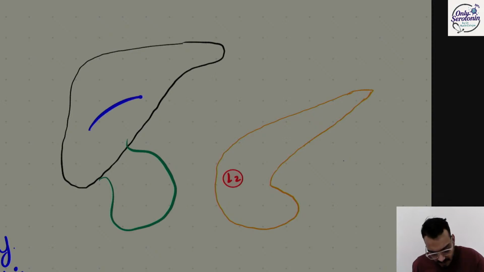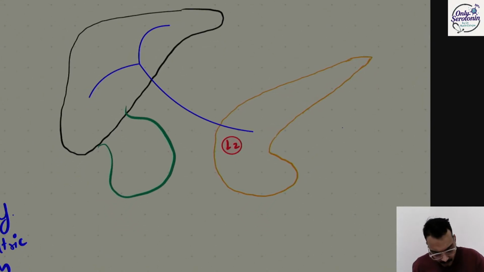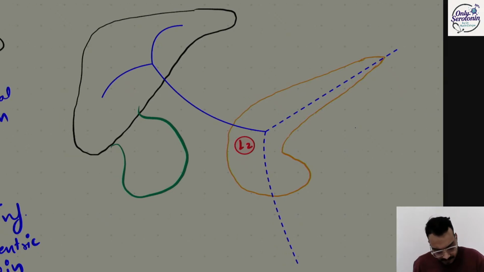Let's make it very fast, guys. So the left and right hepatic veins, right? They are giving me the portal vein, right? This portal vein is at the level of L2. Here I am having the splenic vein and superior mesenteric vein. The portal vein is giving again some branches. What are these branches?